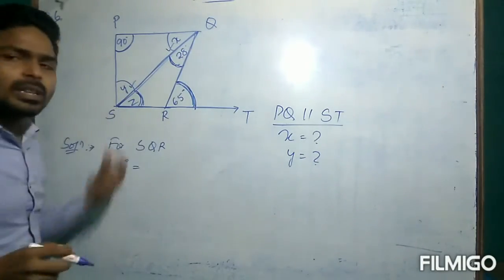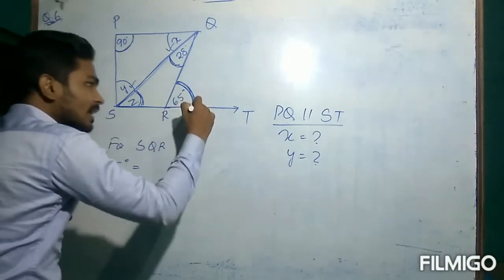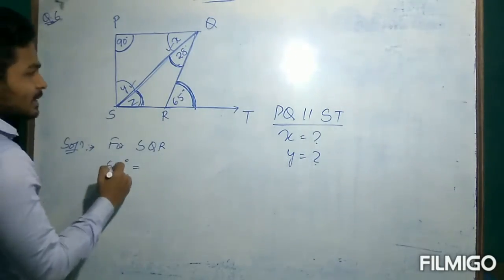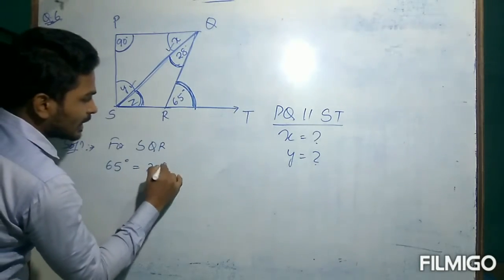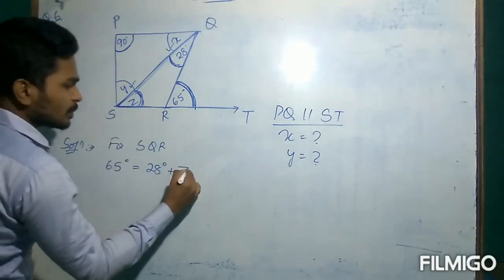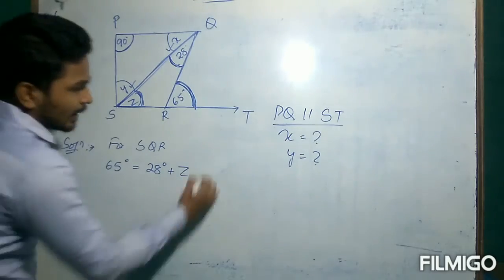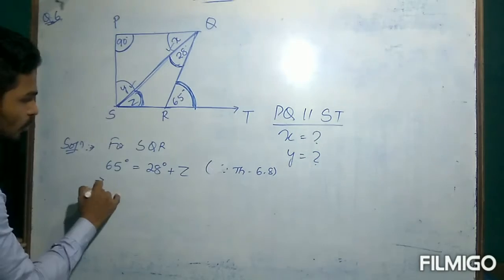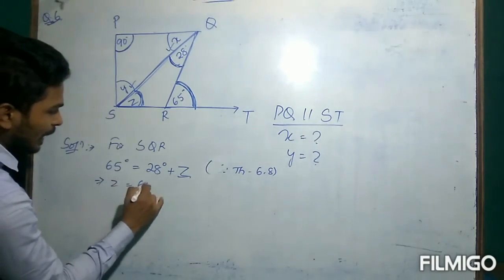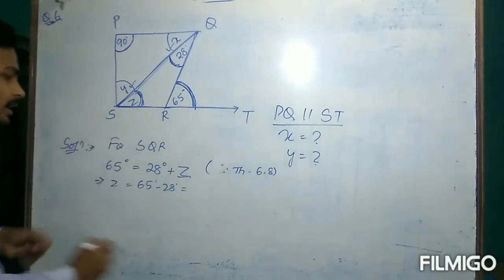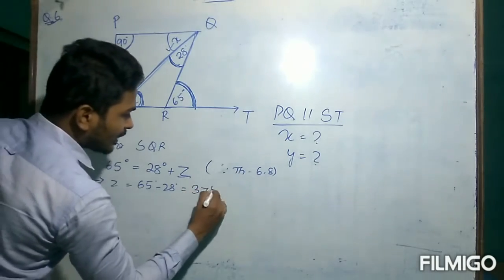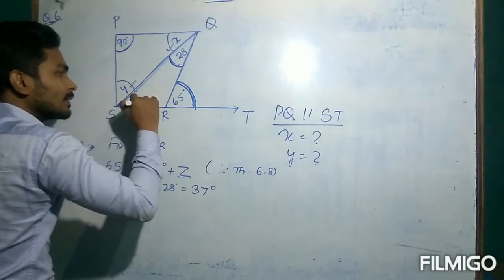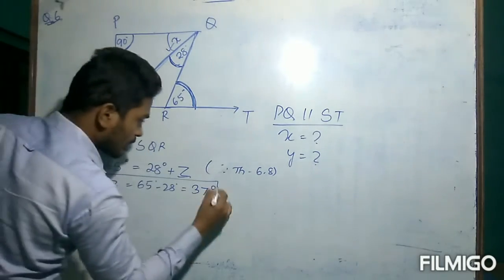Suppose this angle is Z. Then this exterior angle is equal to this angle plus this angle. So you can write 65 degree is equal to this angle plus Z. It is due to theorem 6.8. So Z is equal to 65 degree minus 28 degree, that is 37 degree. So we find the value of this angle is 37 degree, right?